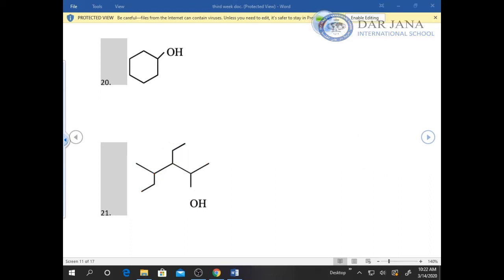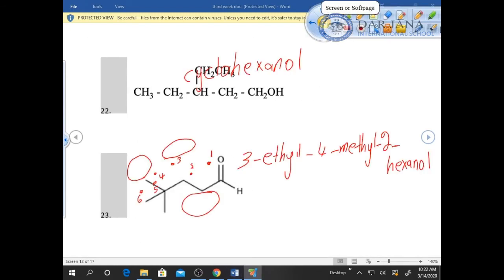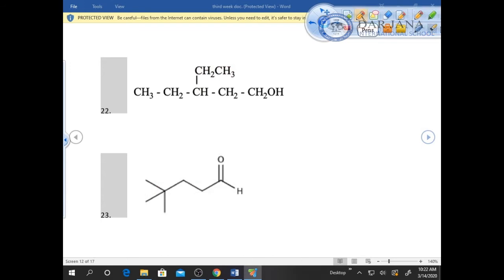Moving to question number 22. The name of this compound is 3-ethyl 1-pentanol.